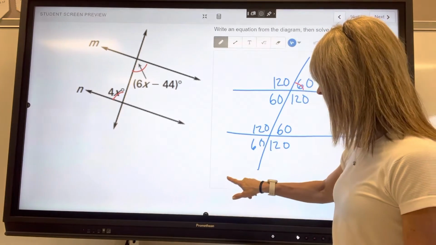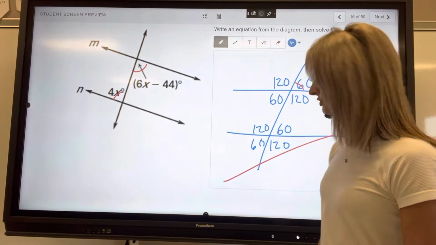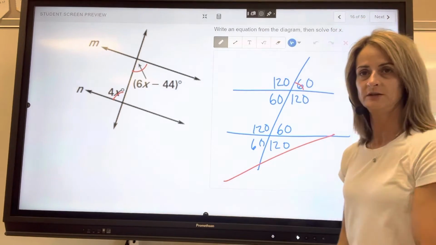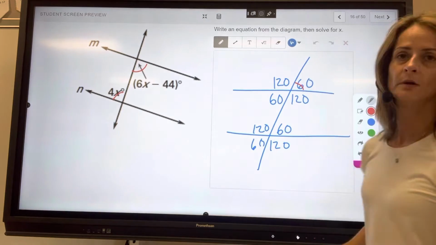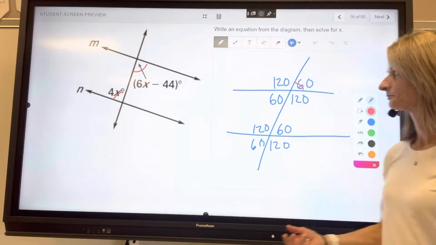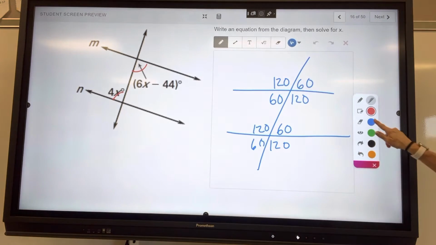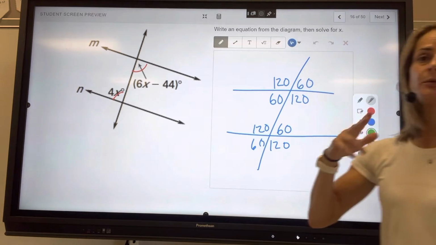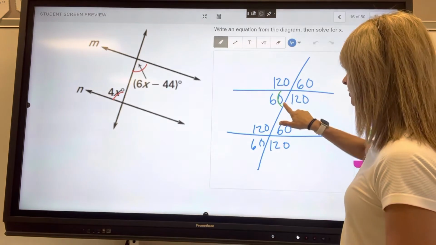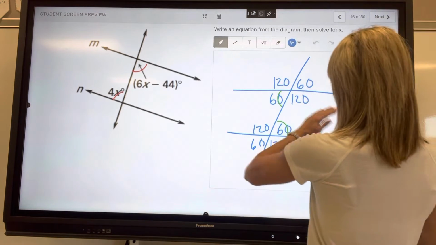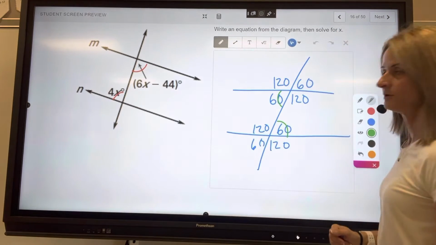If this line wasn't parallel, if it hit this transversal at a different angle, then all those numbers would be different. But they're the same when the two lines are parallel. So now, the relationship we're working on in this diagram is alternate interior. Here's an example of alternate interior angles.